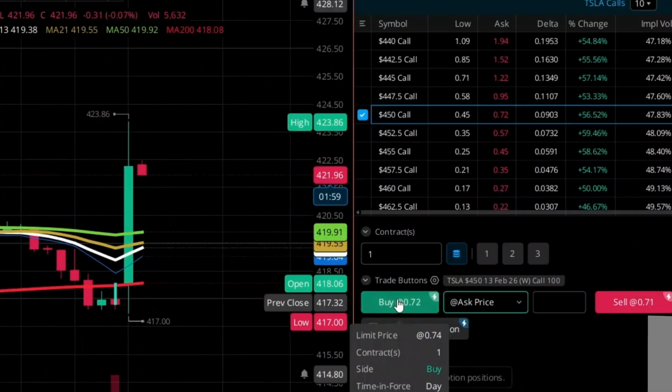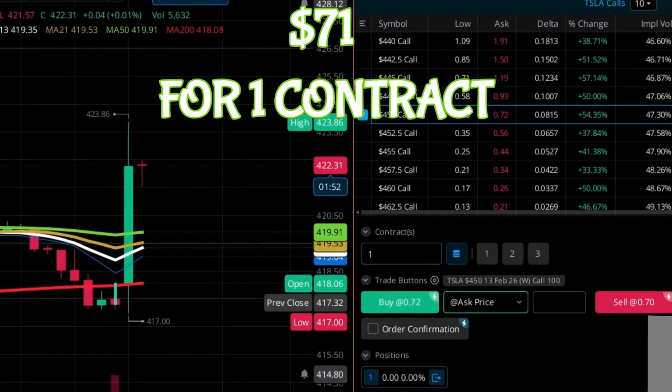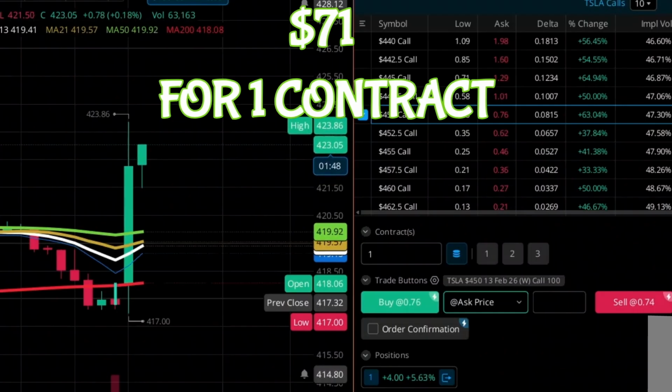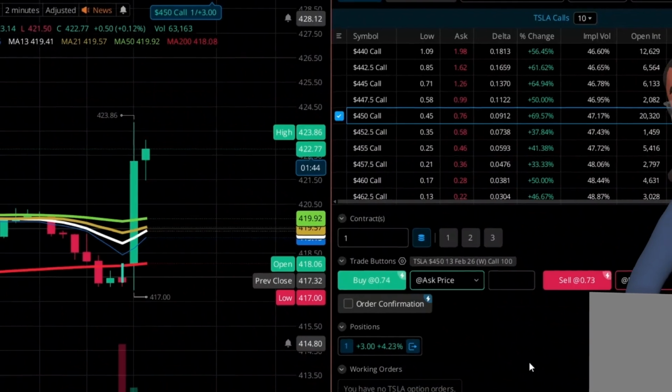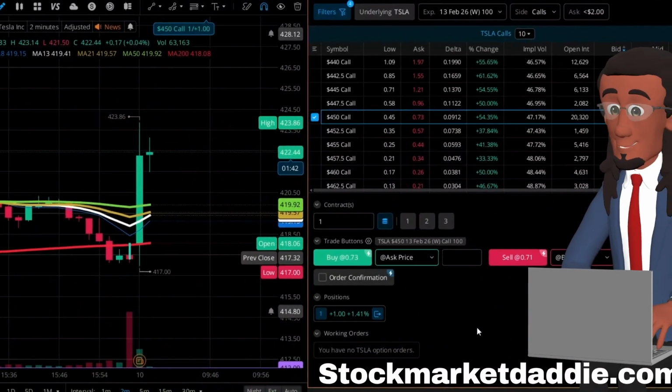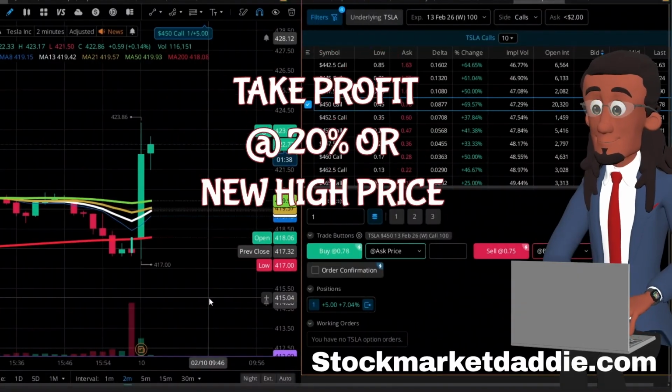All right, so now we're back here looking at the options chain. We bought one contract for $71. So we're in the game. We're trading Tesla. We paid $71 to enter the contract. That doesn't mean we have to lose the whole 71 if this thing goes wrong. That's just how much it costs to enter.